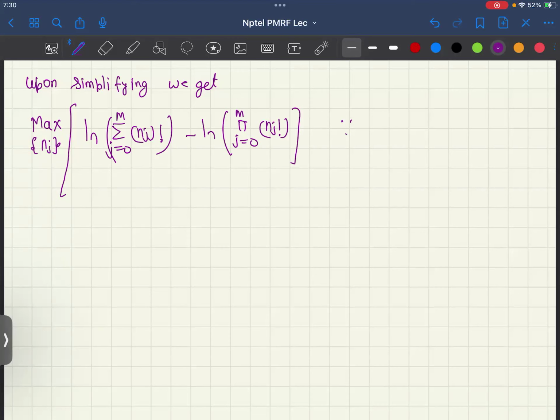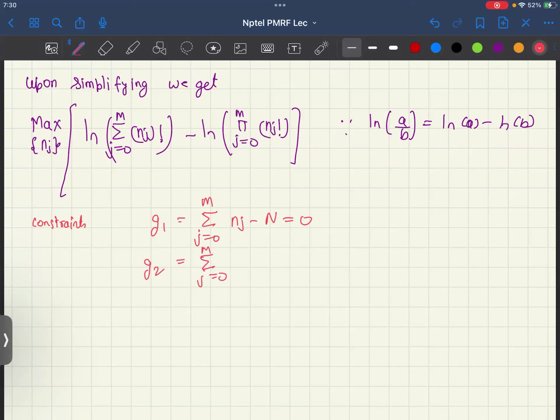Why? Because ln of a by b is nothing but ln of a minus ln of b, with the constraint g1 equals summation j equals 0 to m of nj minus n equals 0 and g2 equals summation j equals 0 to m of nj epsilon j minus Et equals 0.